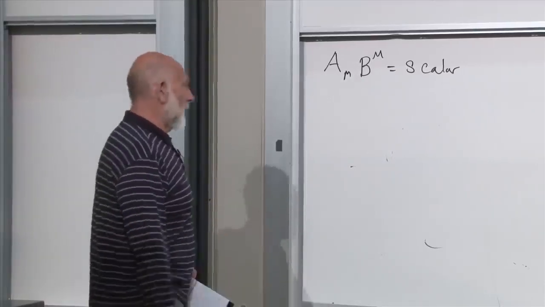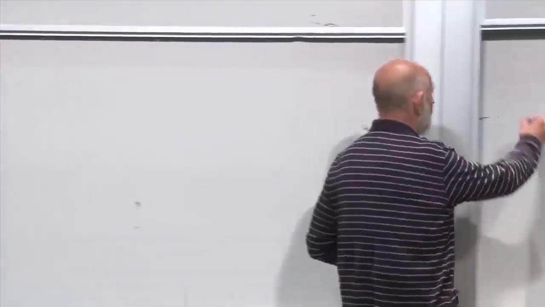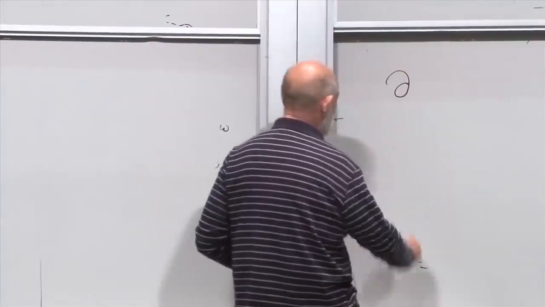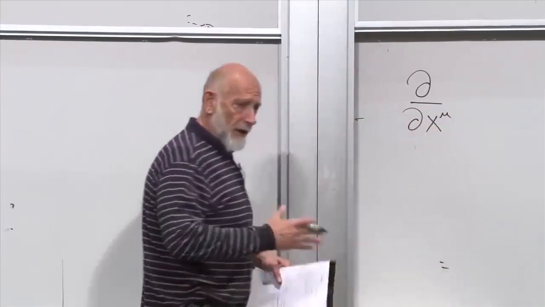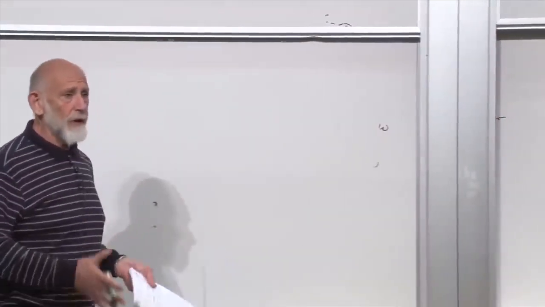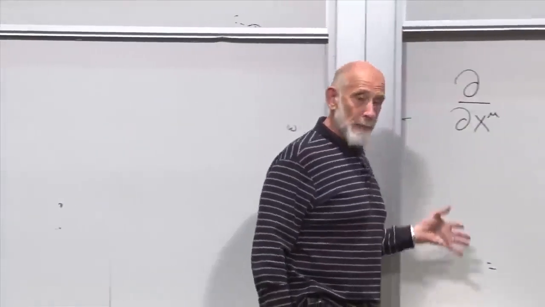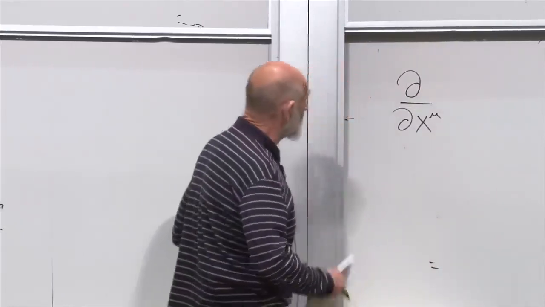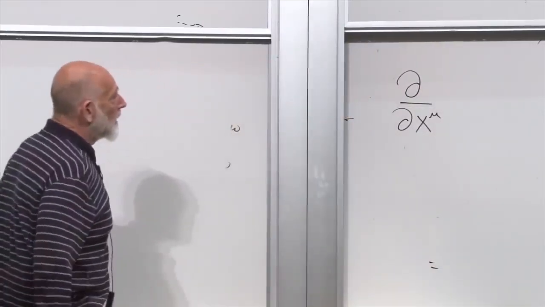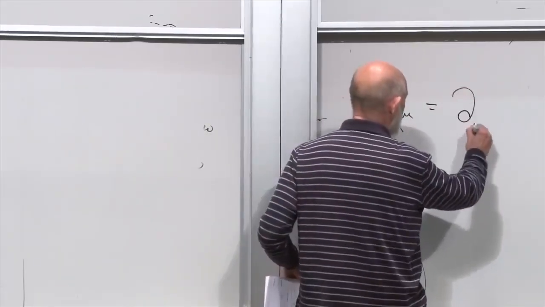Another example, incidentally. The derivative sign, let's just put it over here for a minute. The derivative sign, d by dx mu. Now, this is a collection of 4 differential symbols, derivative symbols. Derivative with respect to x naught, which means derivative with respect to time, and the derivatives with respect to the other coordinates. It is often just written as d sub mu.